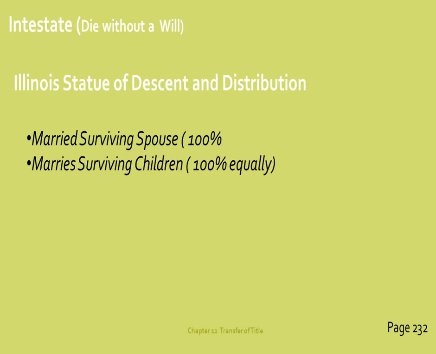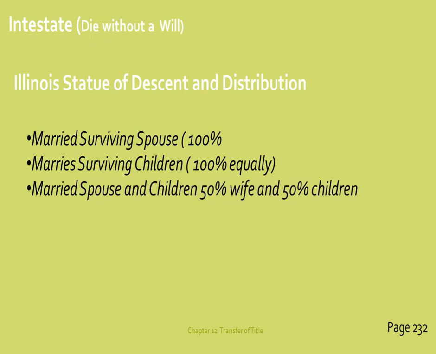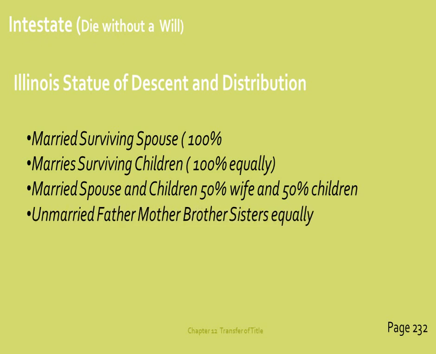An unmarried person who dies, so this is someone that doesn't have children or a spouse, it goes to their father, mother, brothers, and sisters equally. If one parent is predeceased, then the surviving parent gets their portion. So for a single person, if they were survived by a mother because the father had died earlier, the mother would get the father's share.